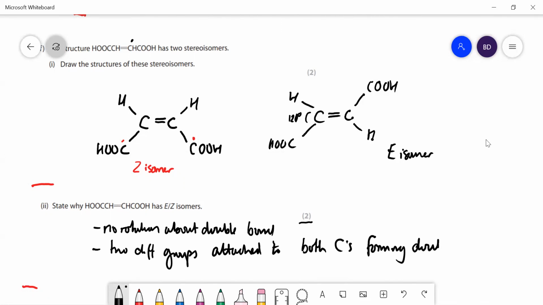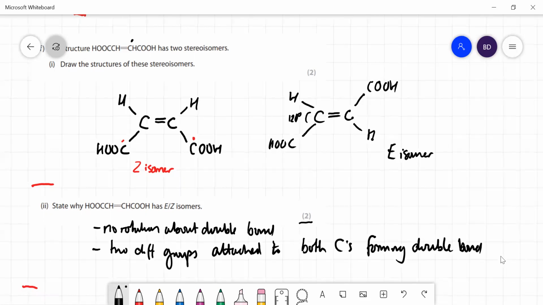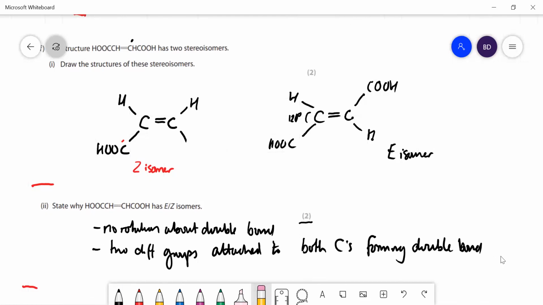I think you need to say that second point there, because it is a 2-mark question. Of course, just to say what I mean, if these two were the same, then there's no possibility to have EZ isomerism, is there? Okay, right.